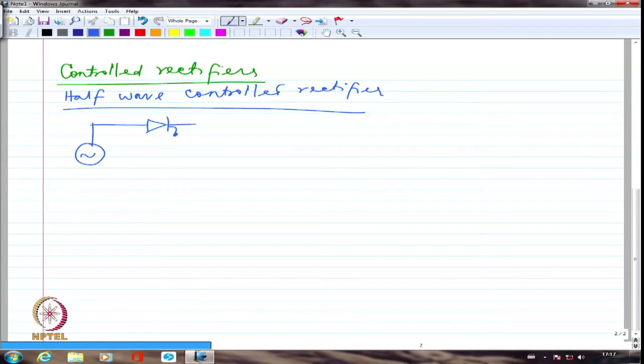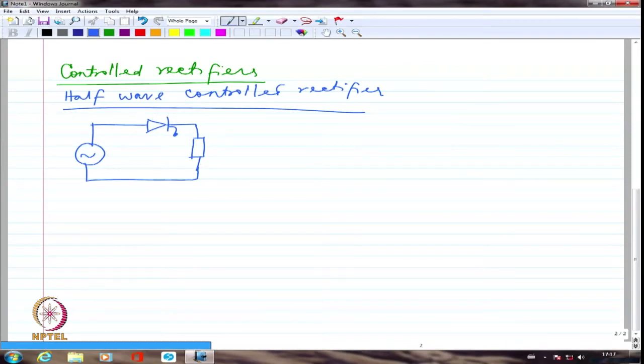That's all the difference. This is a half wave configuration, but I am going to replace this particular diode we had put earlier with a thyristor, and I am going to show the load like this. It can be resistive, it can be RL. Either way is fine. So this is going to be the controlled rectifier configuration.